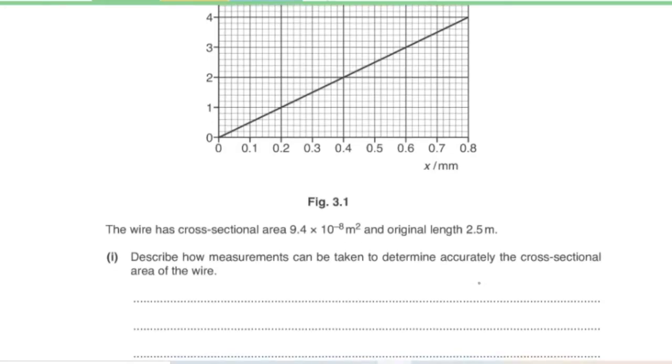So the cross-sectional area of the wire is equal to pi r squared, where r is the radius of the wire. So what we can do is measure the diameter, and that way we can get the radius by dividing the diameter by 2. We can measure the diameter with the help of a micrometer screw gauge or vernier calipers, either.